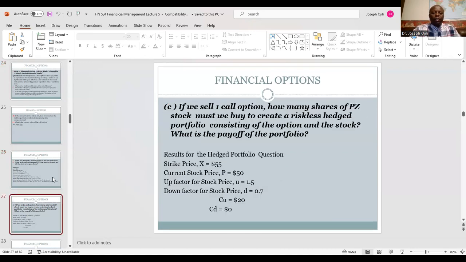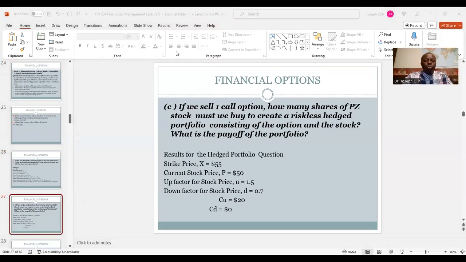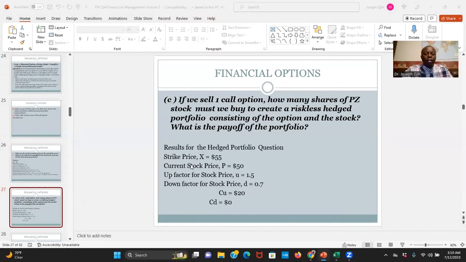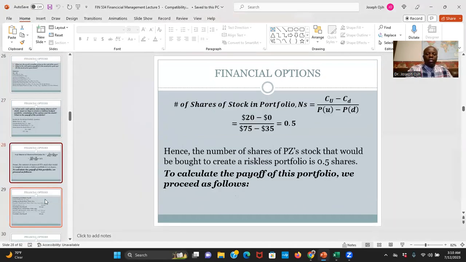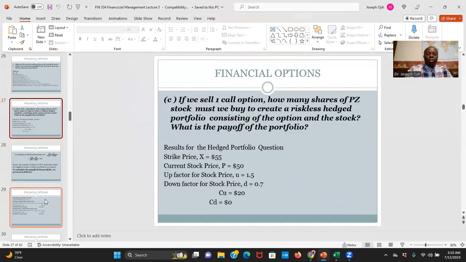So that means to answer part C, making sure you guys are seeing this, we need to do 2 things. Once we are done with that, we answer it. So let's go back to our spreadsheet.